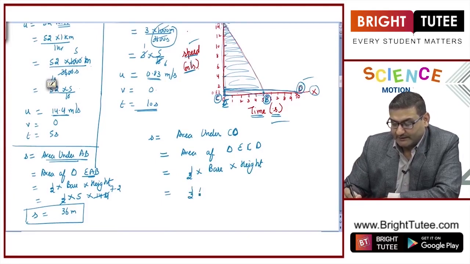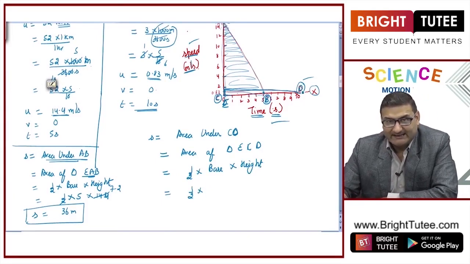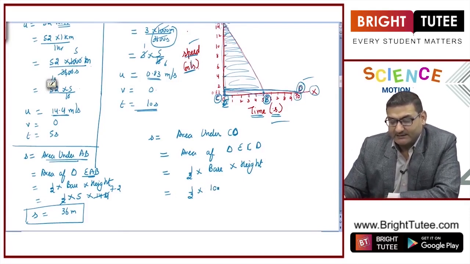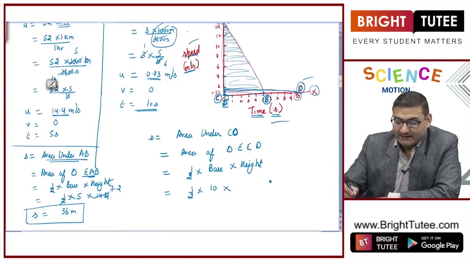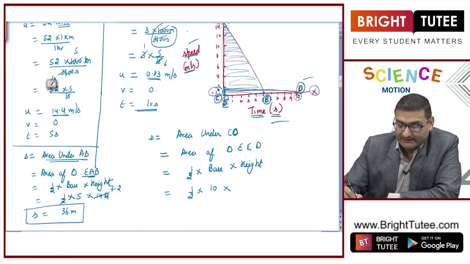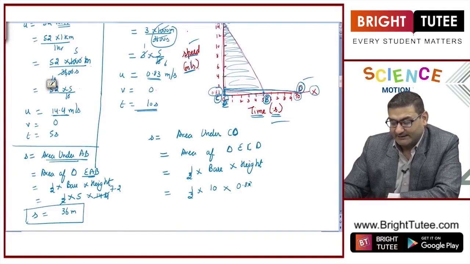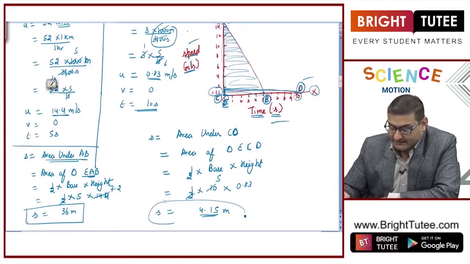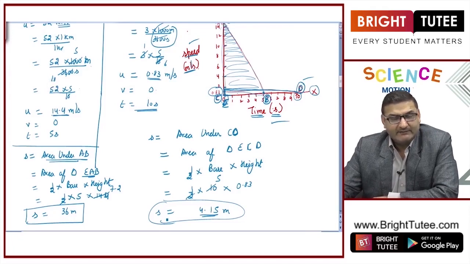So the base over here is ED. ED is T2 minus T1, that means 10 minus 0, which is 10, multiplied by the height EC. Once again, V2 minus V1, V2 is 0.83 minus 0 is 0.83, which comes out to be, cancelling it out and multiplying, 0.83 into 5 comes out to be 4.15 meters. So the distance travelled by the second car is 4.15 meters.